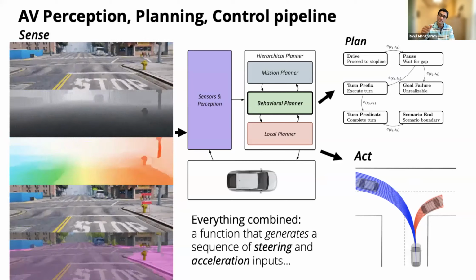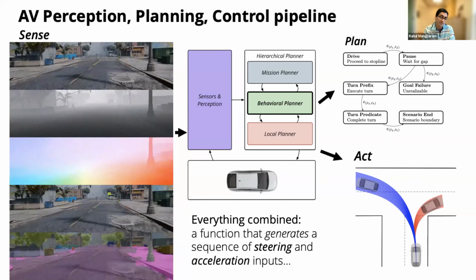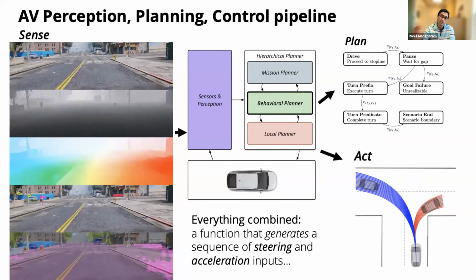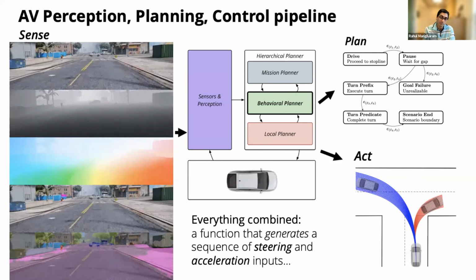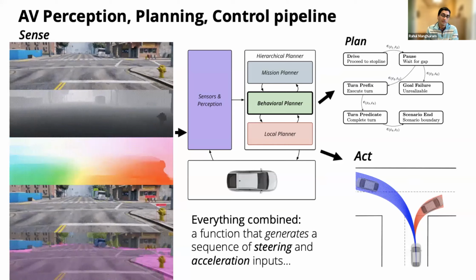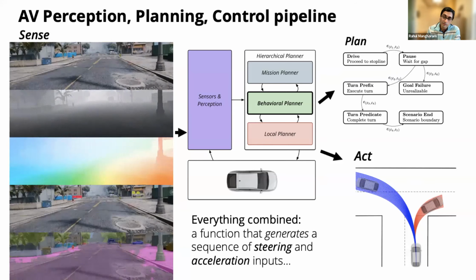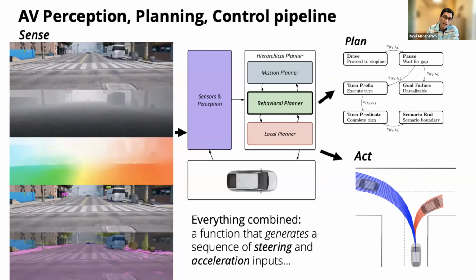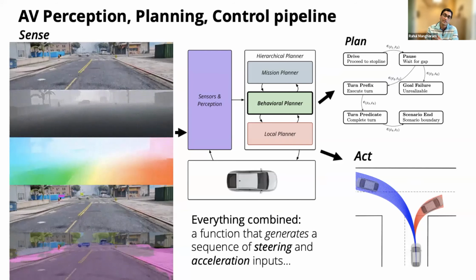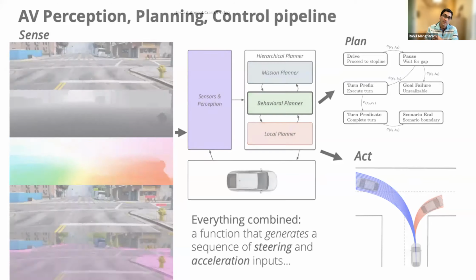And it's going to essentially generate the sequence for steering and acceleration inputs to follow that path. And this repeats, the sense, plan, act, just repeats anywhere from 20 to 100 times a second, depending on what system you're using. And so this is an overall general pipeline, right?